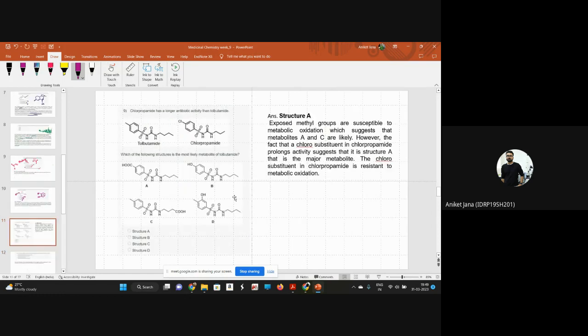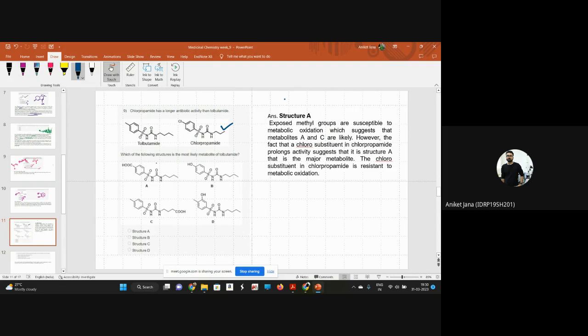In our next question, we have two structures. Chlorpropamide has a longer antibiotic activity than the tolbutamide. So this has the longer action than this one.